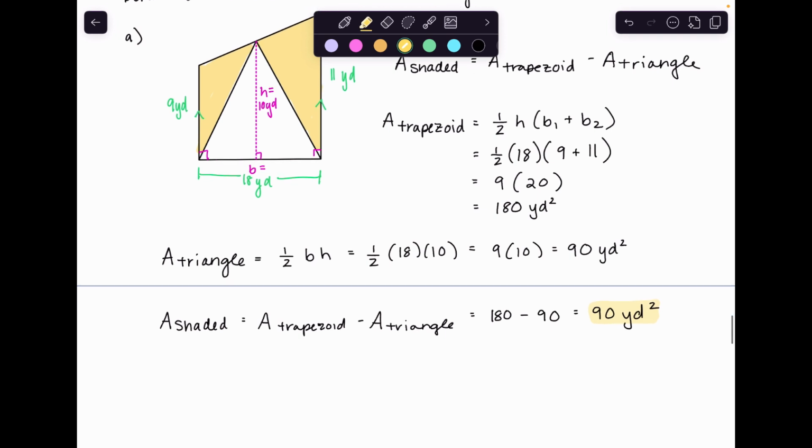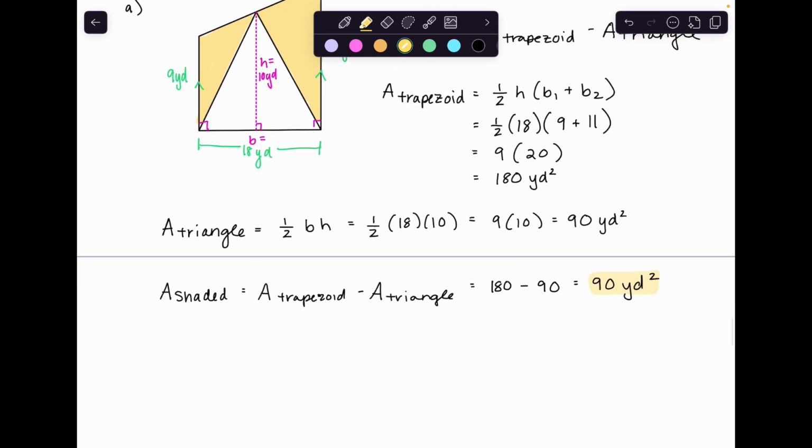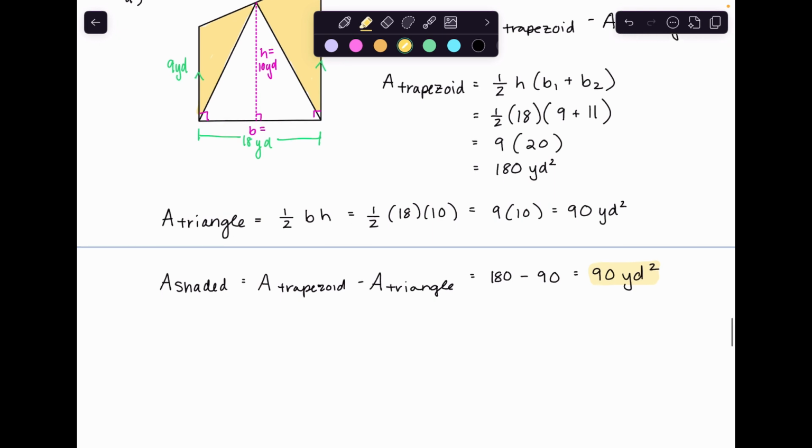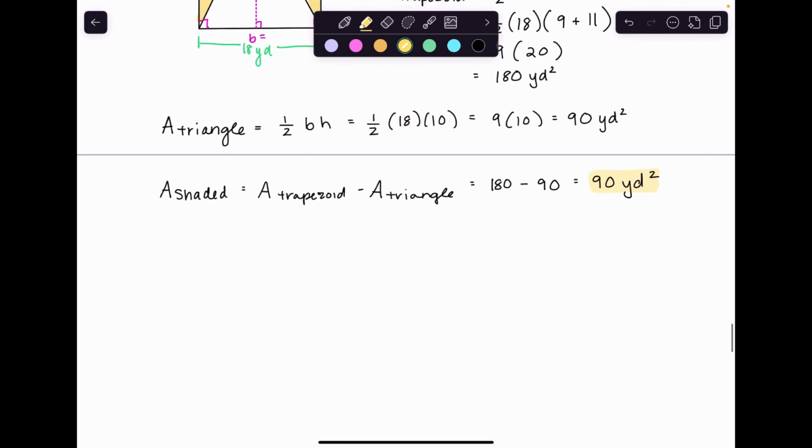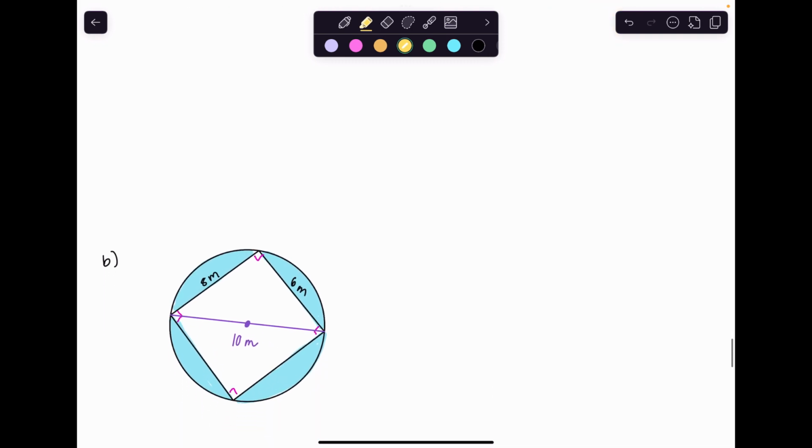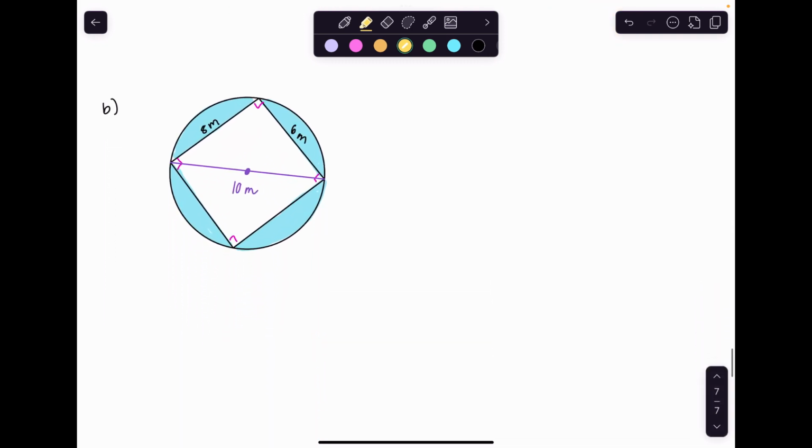So let's try one more of these, and then we'll stop there so this isn't a 50-minute long video, hopefully. But we're going to do another example where I have one shape and I've removed another. So I need to figure out the shaded region. So again, I start by determining what's the bigger shape. And in that case, this is going to be a circle.